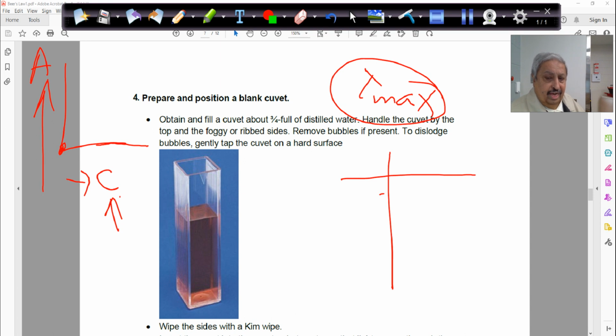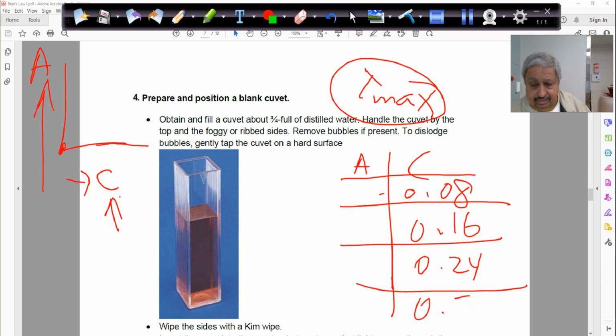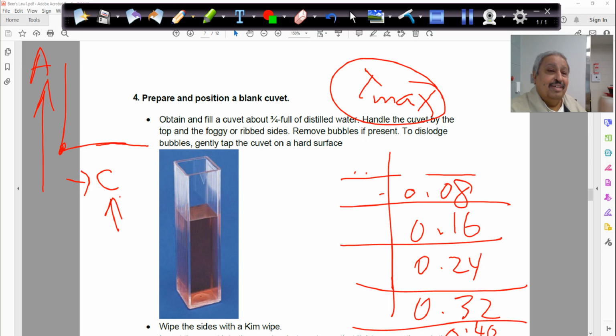Those concentrations you have already: 0.08, 0.16, 0.24, 0.32, 0.4. I forgot one. Somebody will tell me. Which one did I forget? Correct, I forgot 0. You start with the origin.